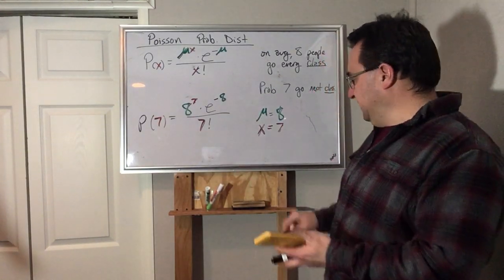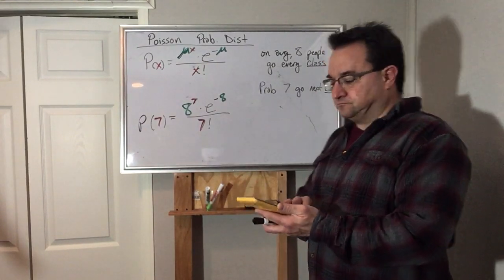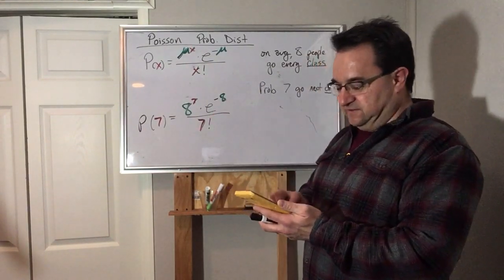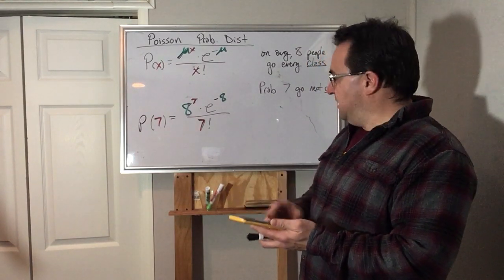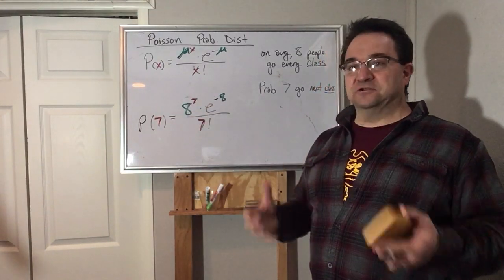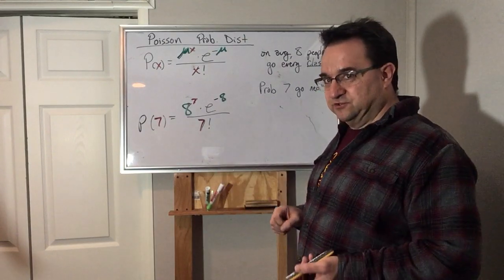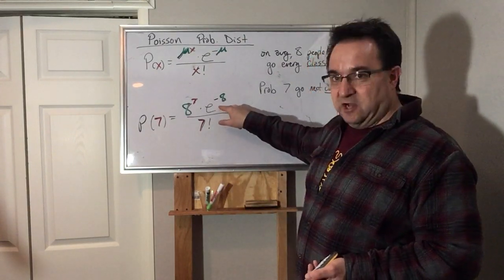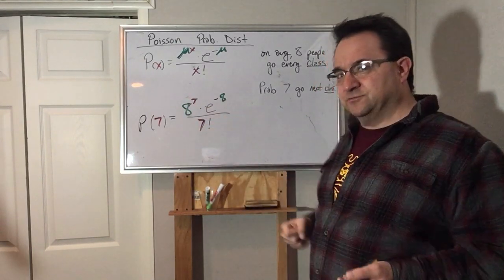So if I punch this in my calculator, I've already calculated it, but let's just do it together. I'm going to press 8 to the 7. And personally, what I would do is at the same time, I would press this, because the exponents can be large numbers, and your calculator might error on you. This is going to be a small number all the time, so if you do those together, it'll make more manageable numbers.